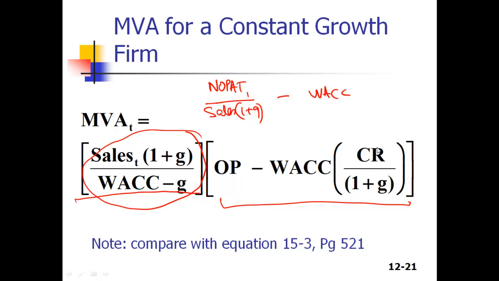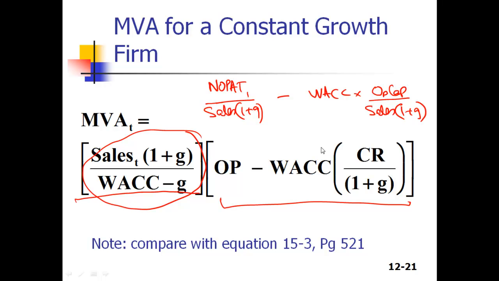And what's the formula for that? It is your operating capital, so this is all your assets, simplistically speaking, divided by sales, and then we have this 1 plus G term over here.